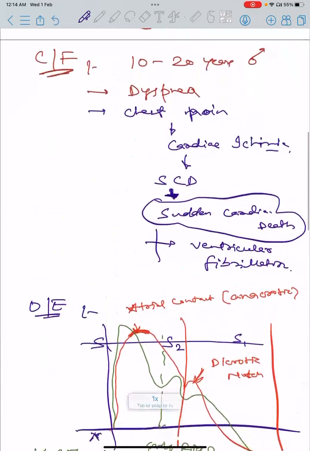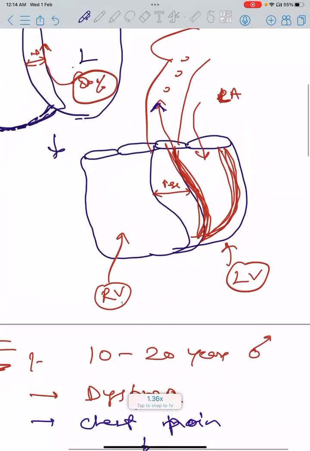Let's have a look. This one, which I am highlighting in blue.